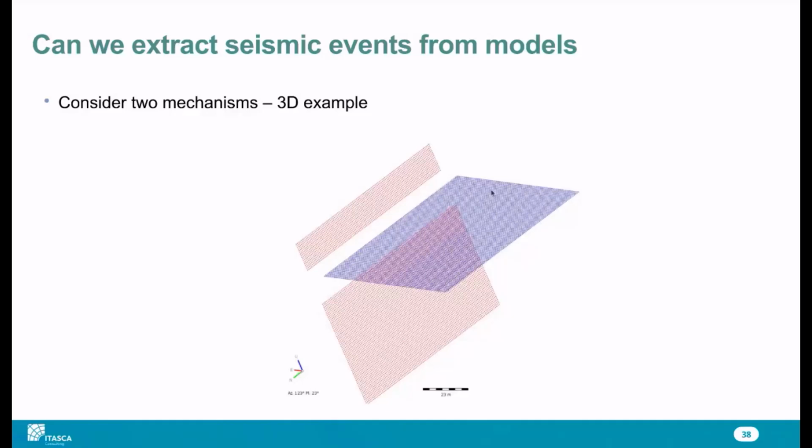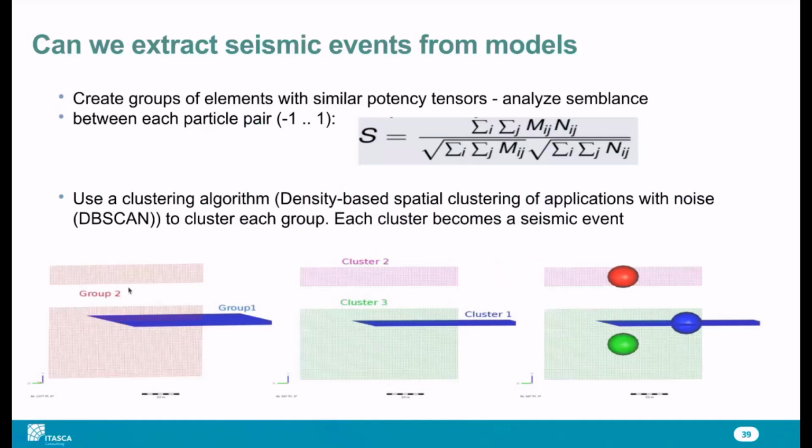So the first part is to separate them into their two separate mechanisms, and then the second is to apply a spatial clustering algorithm. So effectively, looking at this picture from a slightly different view, we've got two groups, two mechanisms of failure, but we've got some spatial discontinuity. This gap here, these are zones that didn't fail.